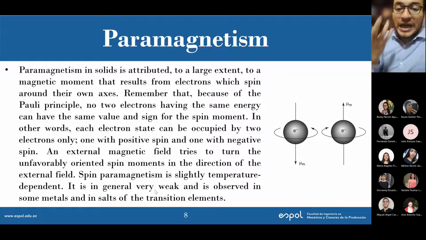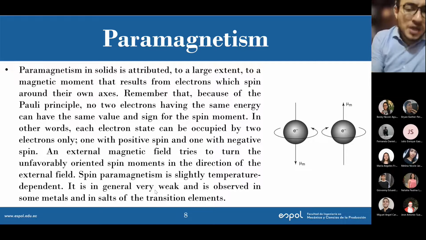So it's like Earth. If you remember, Earth rotates around its own axis, and then also Earth rotates around the sun. So remember, one lasts 24 hours, the other lasts 365 days.